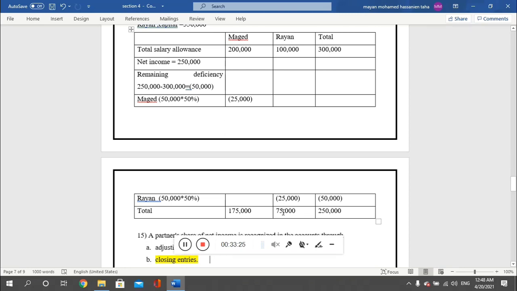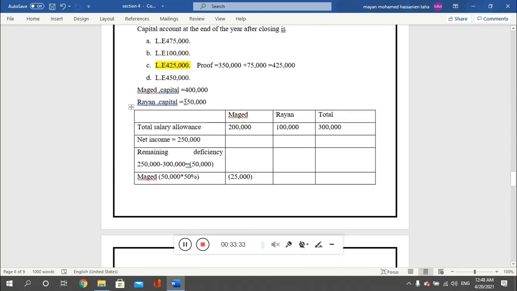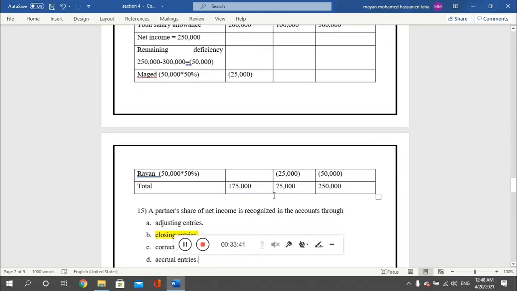So Ryan capital, the beginning balance was, as he said in the first of our question, $350,000, and his share of income or loss, after subtracting the amount of loss from the total salary allowance, will be $75,000.